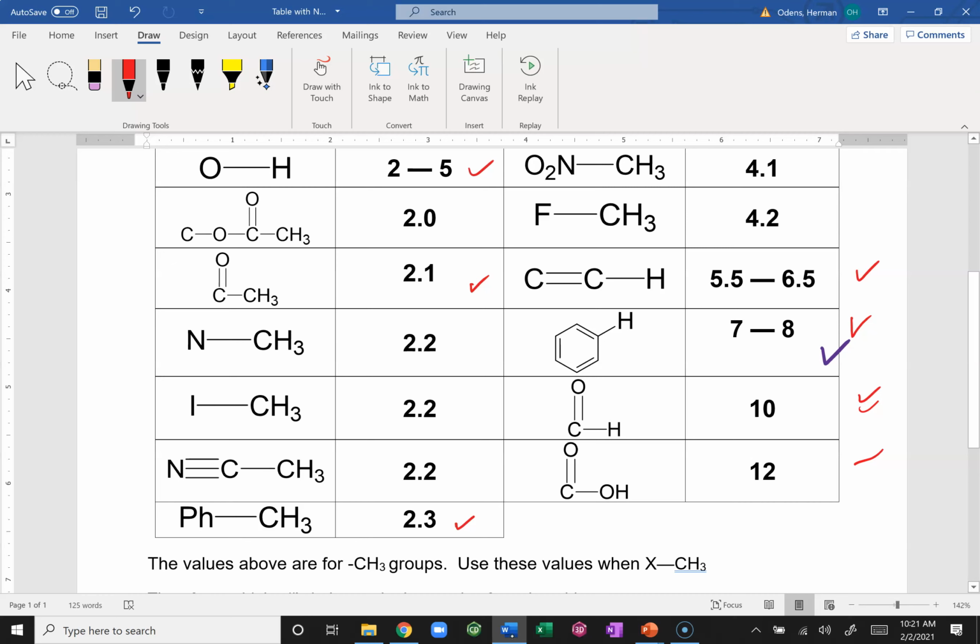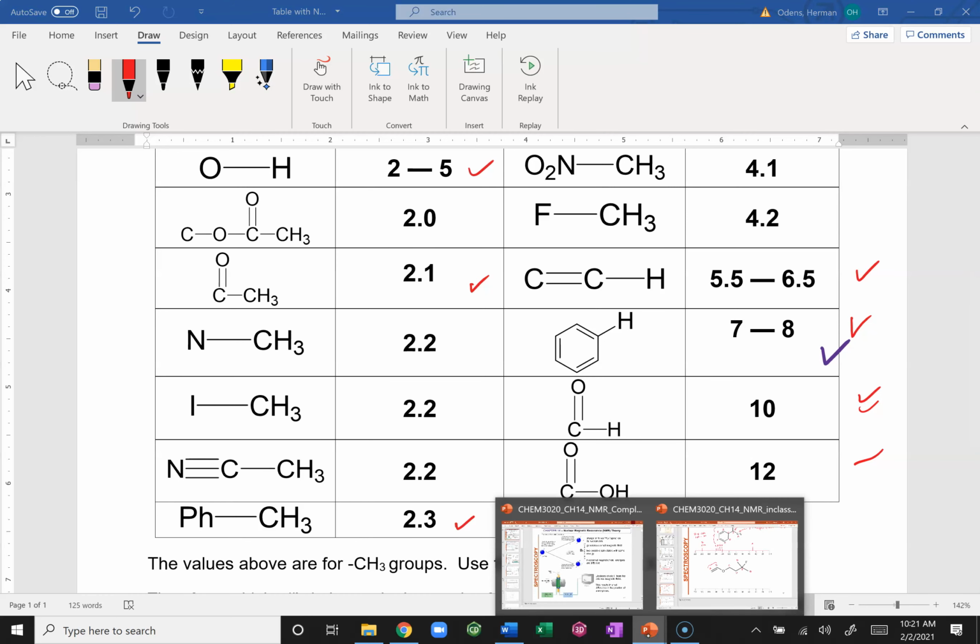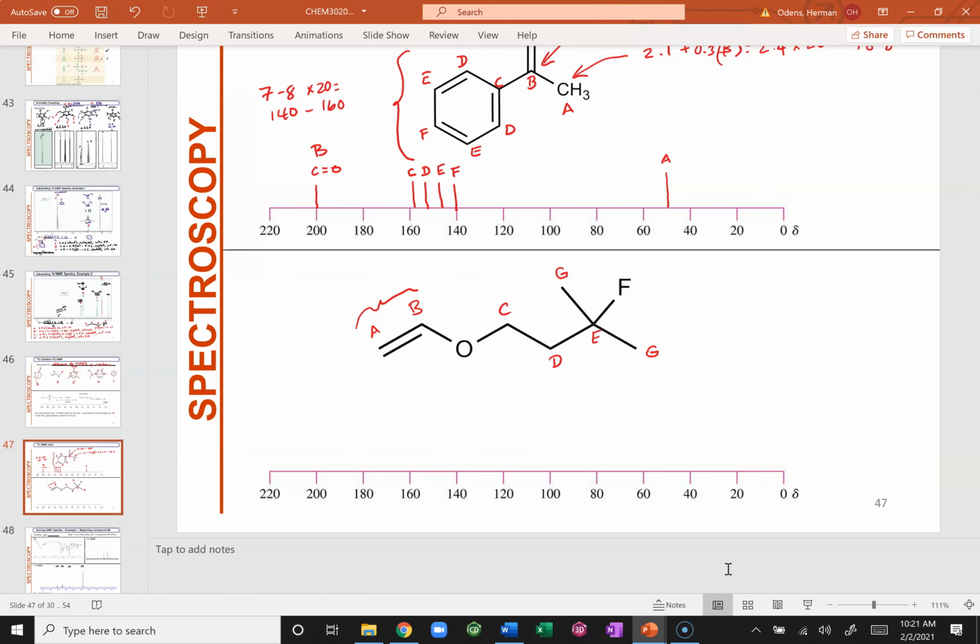So let's do that. So we'll say that we have 5.5 to 6.5, multiply both of them by 20, and we get what? 110 and 130, right?